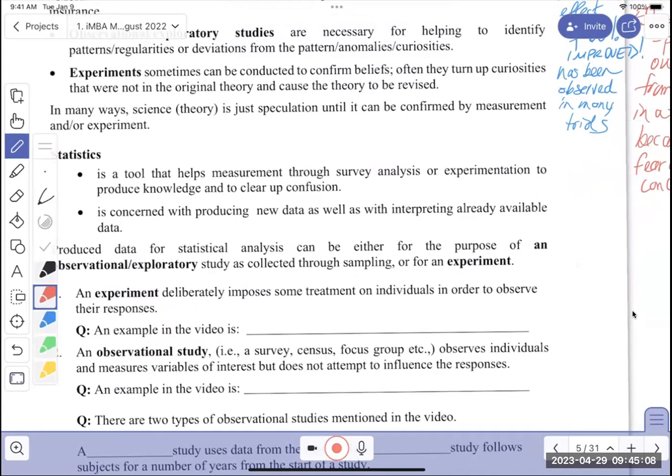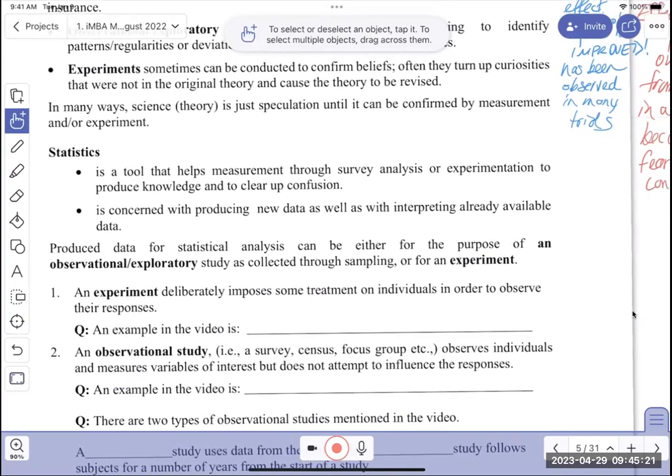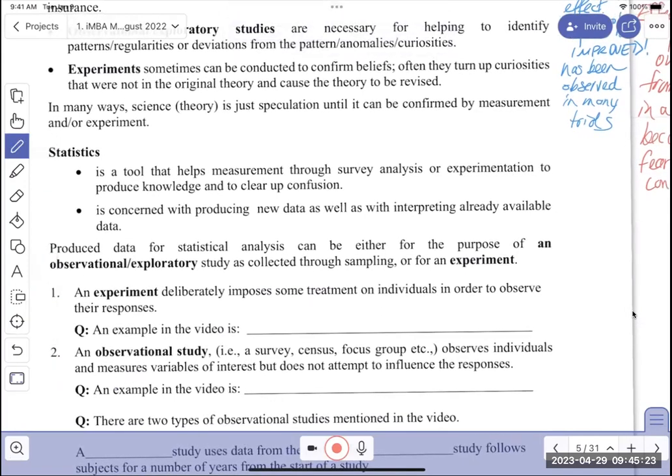What were some examples of experiments in the video? I already explained the physician health study. And I have this in my annotated notes as well. What was another experiment that we saw in the video?